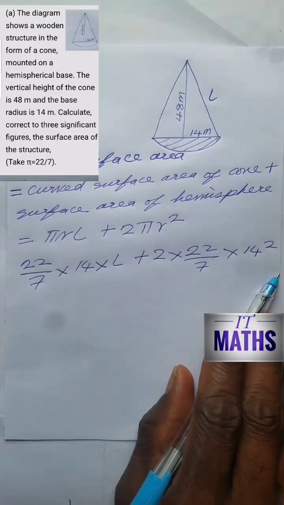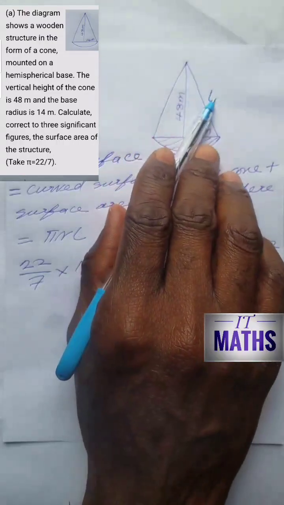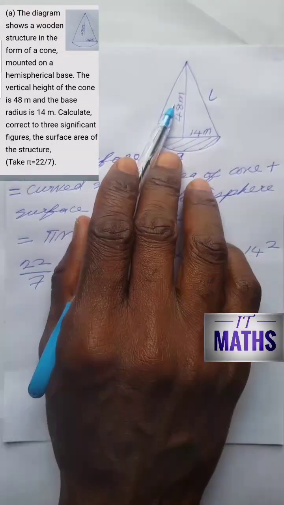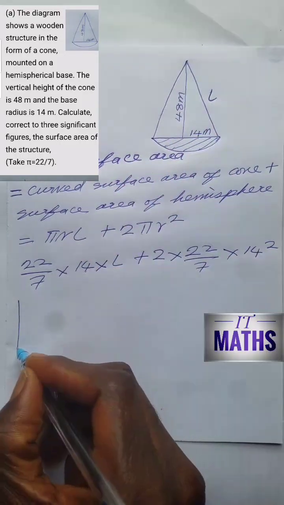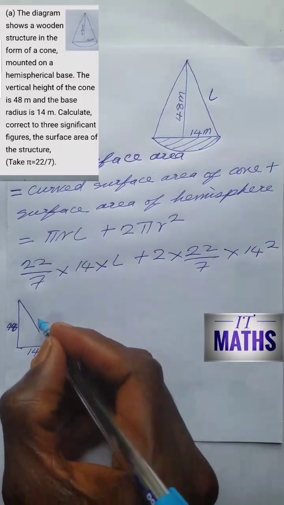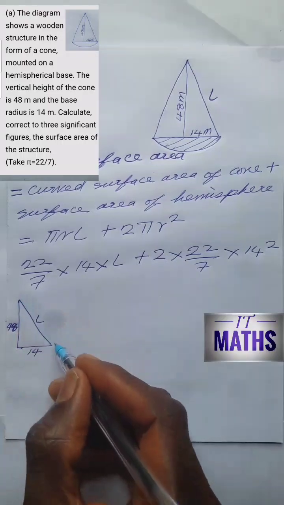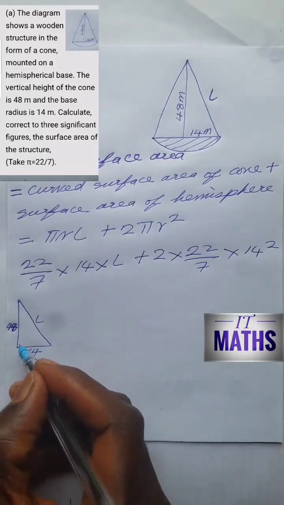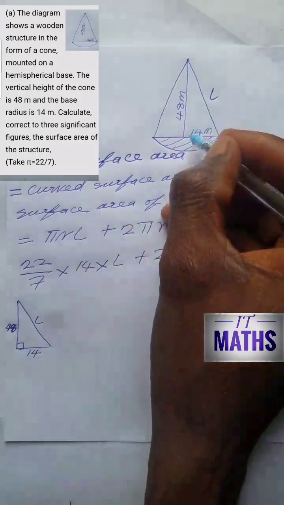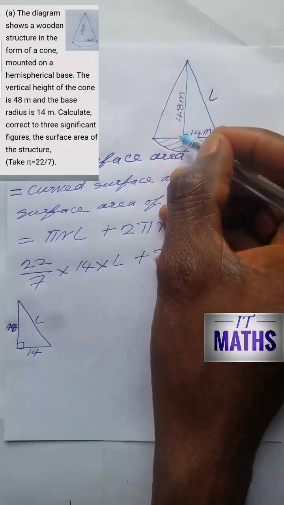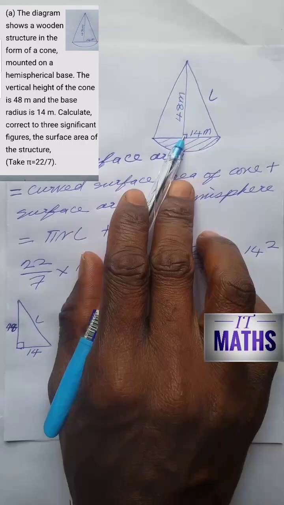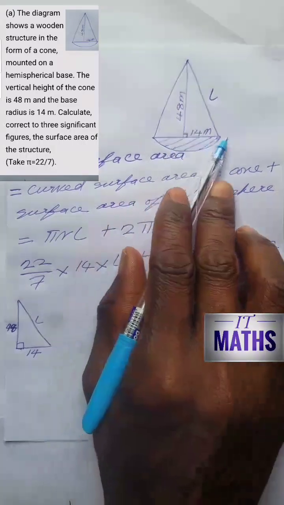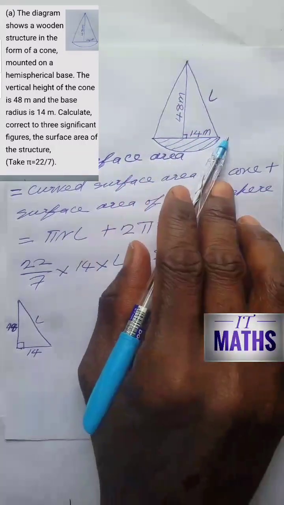So all we have to do is make sure that we find this L. Is there a way we can find this L given that we know our radius and our height? Now let's look at this. Is there a relationship between the hypotenuse, which is the longest side of a right angle triangle? Look at this. This is a right angle triangle, formed because this is the height, and height is always vertical, and this is the radius, which is horizontal.